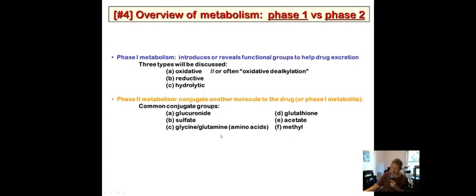We can attach amino acids, often glycine or glutamine. Glutathione, which we've seen before, is a scavenger for biological electrophiles. It's based on cysteine, so it's got a sulfur, and it will attack in an SN2 manner. Acetate and methyl are a couple of the other ones.